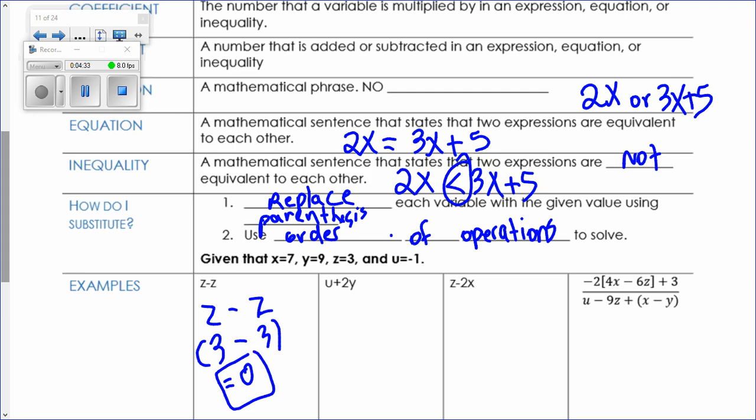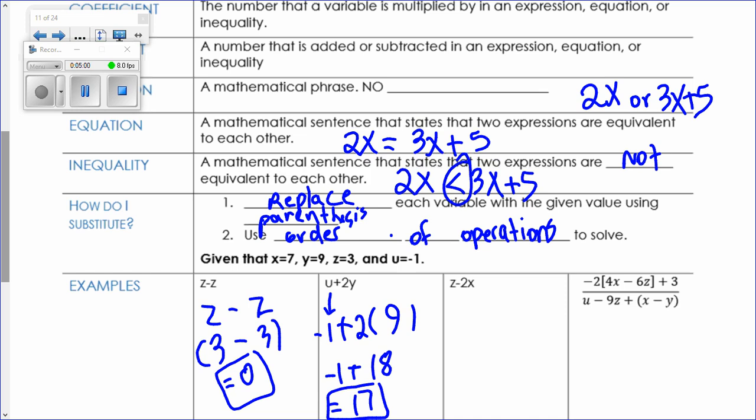Another example. u equals -1. So below u, I'm going to put -1 plus 2 times what's y? It's 9. So I'm going to multiply first. 2 times 9 equals 18 plus -1. -1 plus 18 is 17. Here's my final answer.